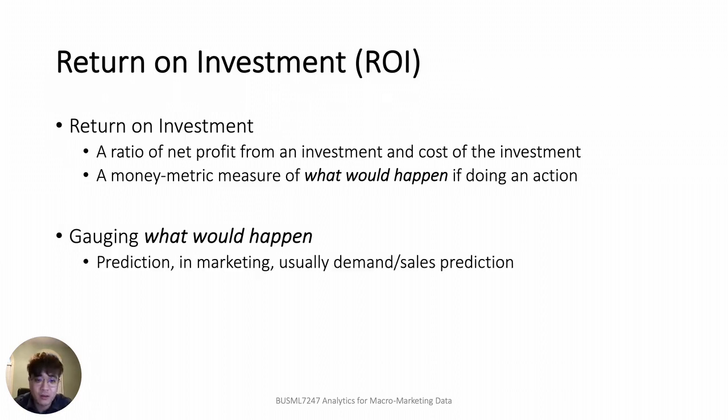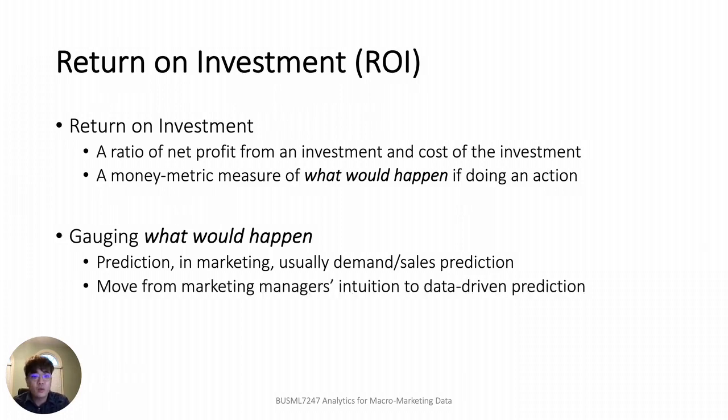In marketing, demand level or sales level is the main determinant of the profit. So, gauging what would happen is usually involved in decision or sales prediction. With advances in computational technology, the focus is now moving from marketing managers' intuition to data-driven prediction.